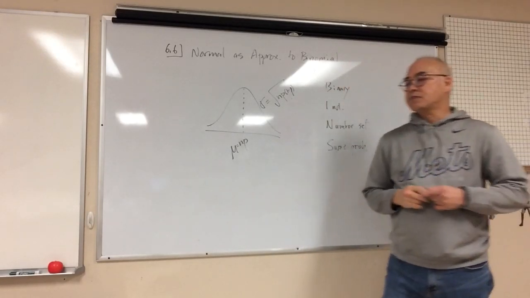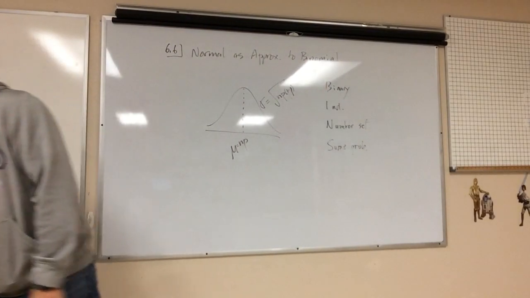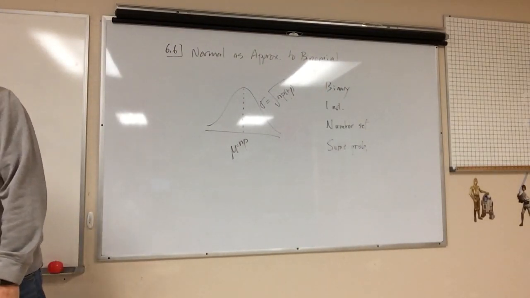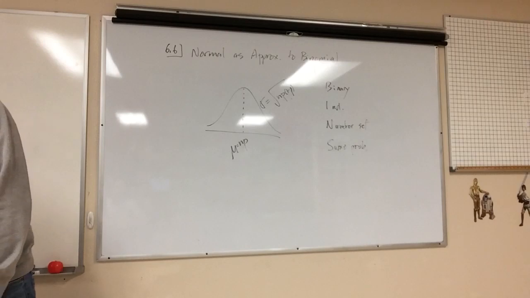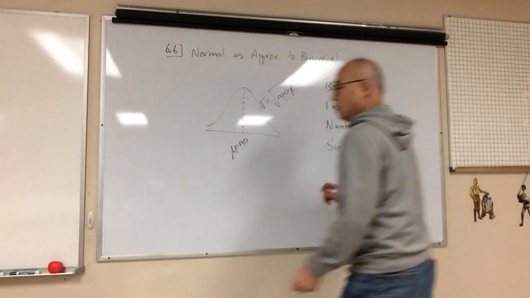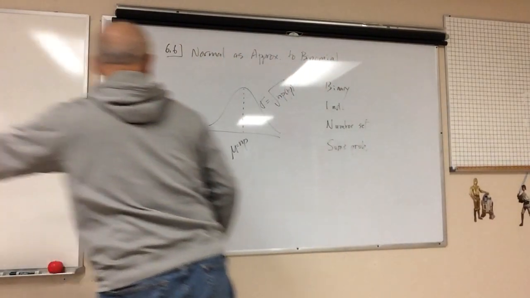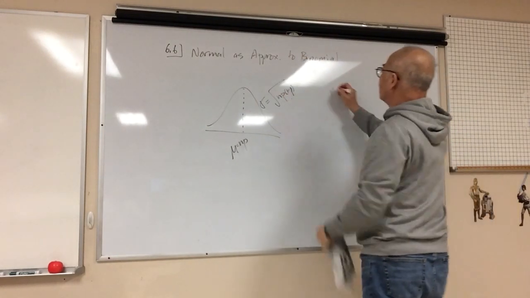There are conditions that have to be met for you to use this, and those are on page 285. Normally, the three conditions are: first, it has to be a simple random sample.